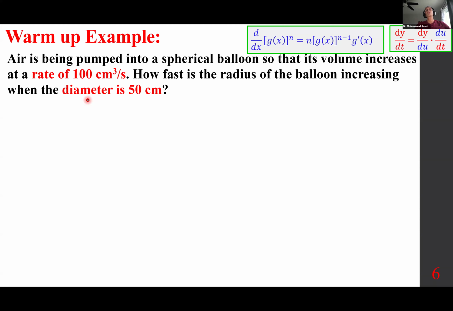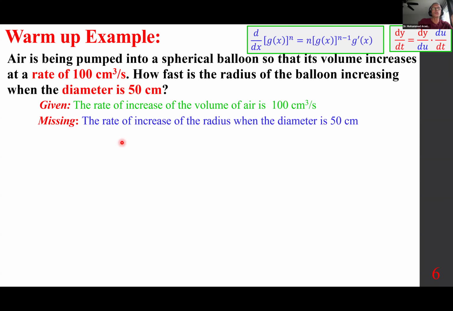We verbalize that the rate of increase of the volume of air is given as 100 cubic centimeters per second. What is missing? The rate of increase of the radius when the diameter is 50 centimeters.